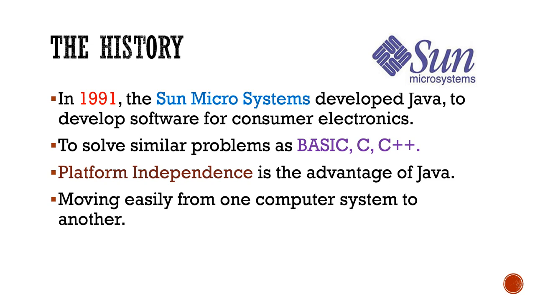Platform independence is the advantage of Java. With other languages, if you develop in one system, that is one operating system or one platform, it cannot be transferred to another platform, another operating system or another hardware resource. But Java is platform independent, so it works everywhere. That's the main advantage of Java, moving easily from one computer system to another.